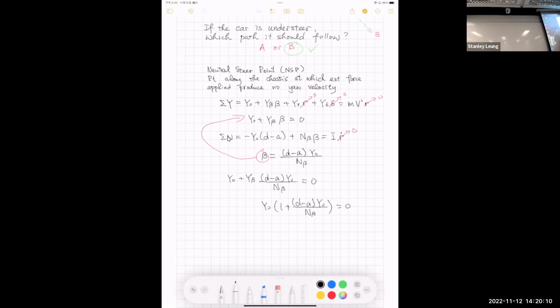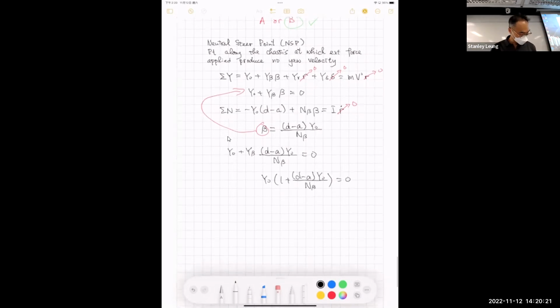So it has to be the things inside the bracket equals to 0. Okay, just the math. Then you'll find out that from here Y naught shouldn't be 0 because we apply some positive value.